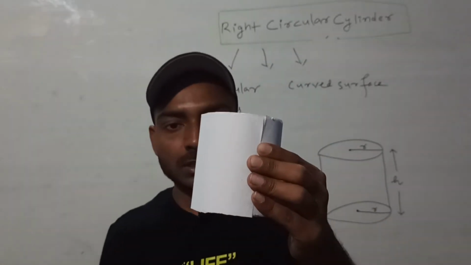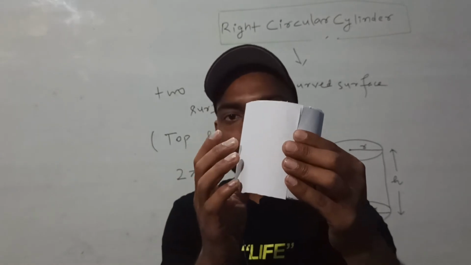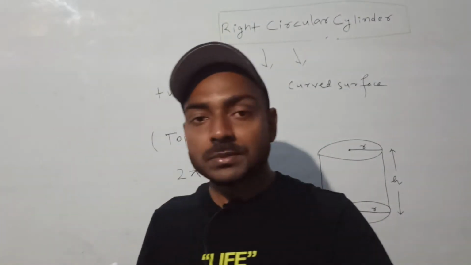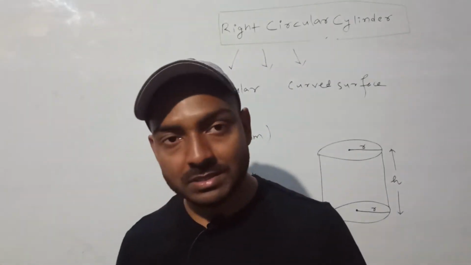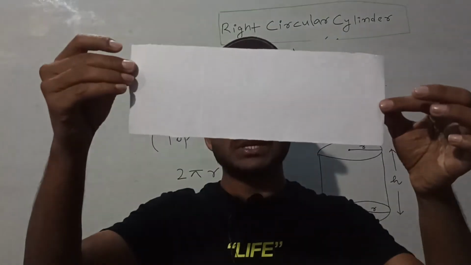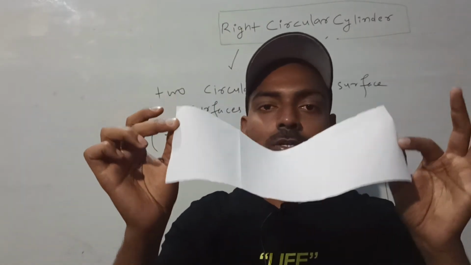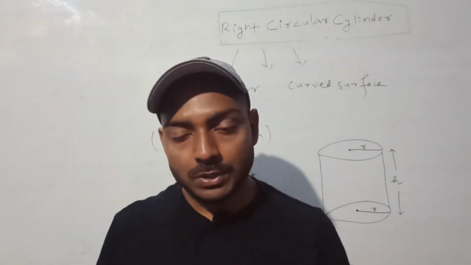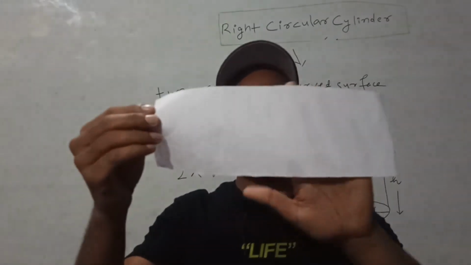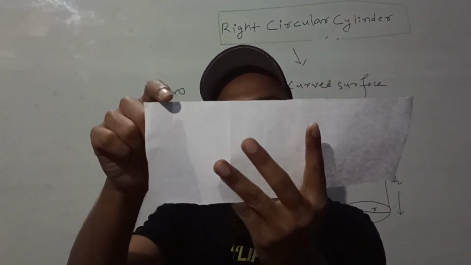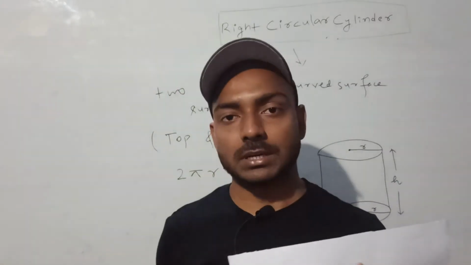That means the curved surface area of this cylinder will be equal to the total area of this rectangle. So to calculate this area, we will first have to find the breadth of this rectangle and the length of this rectangle.